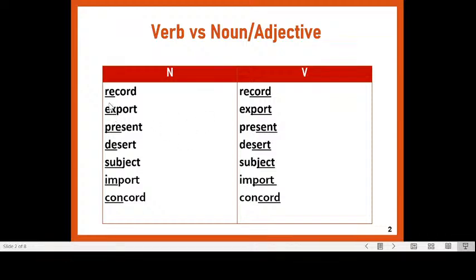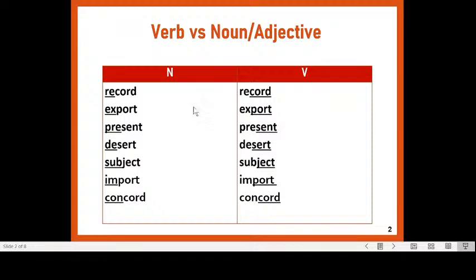Now I'm going to read them across as a noun and as a verb. Record, record, export, export, present, present, desert, desert, subject, subject, import, import, concord, concord.